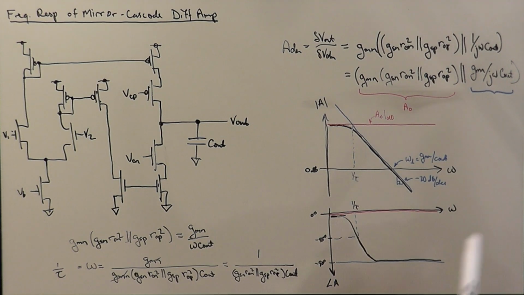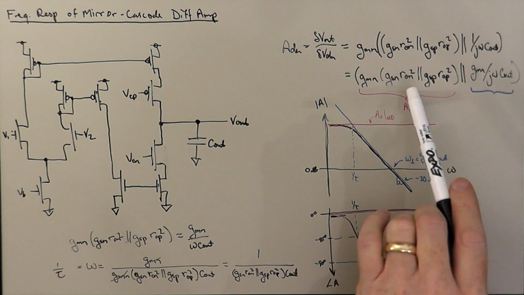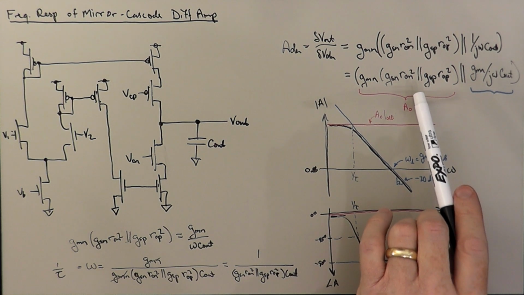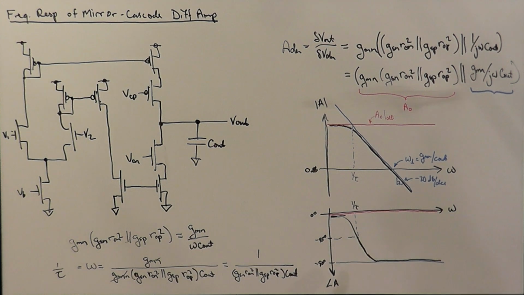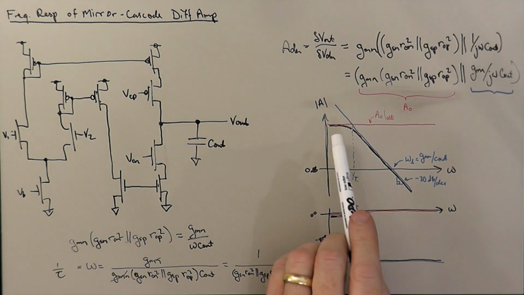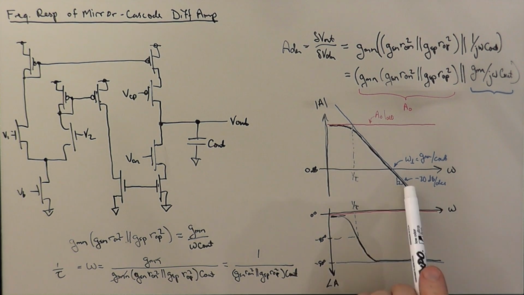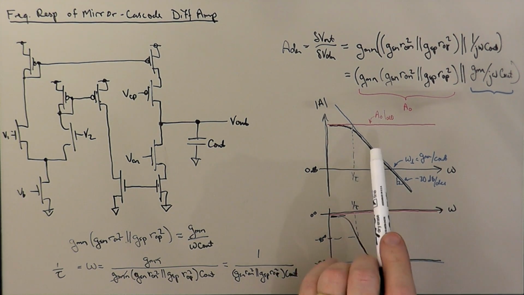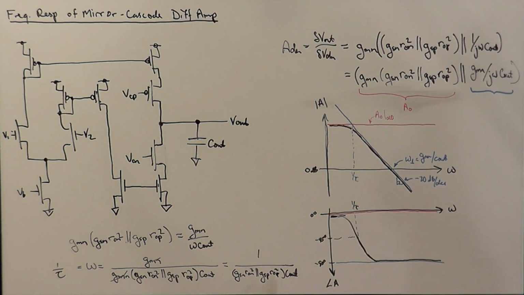And you can check this out on your own if you like, but if you expand this out as the product over the sum, you will find exactly that you get a first order low pass type response with a low frequency gain precisely of this A0, and you'll find that this is indeed the corner frequency that you get by doing the algebra. And so this is actually a nice way of dealing with complicated frequency response calculations without having to do a lot of the algebra.